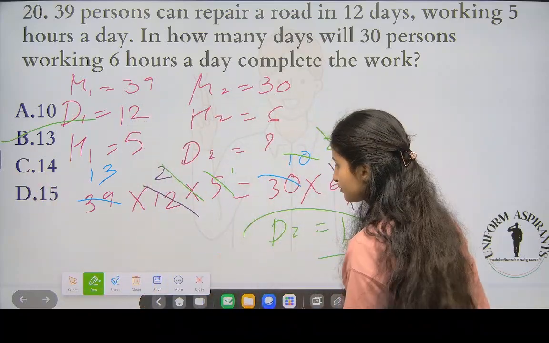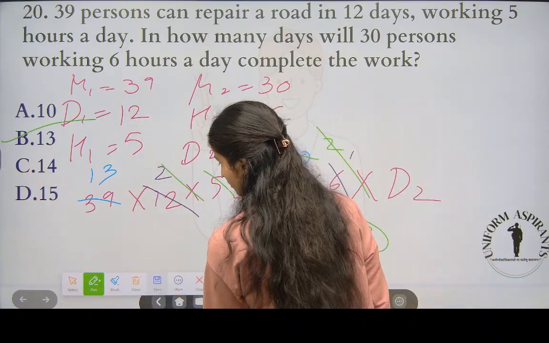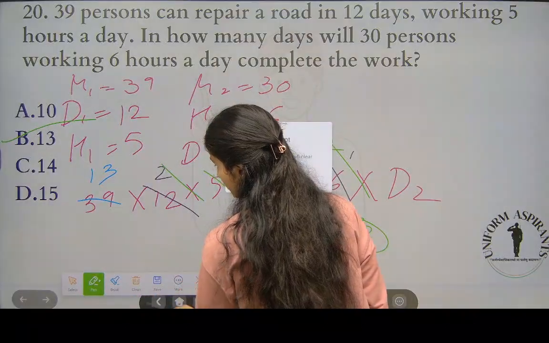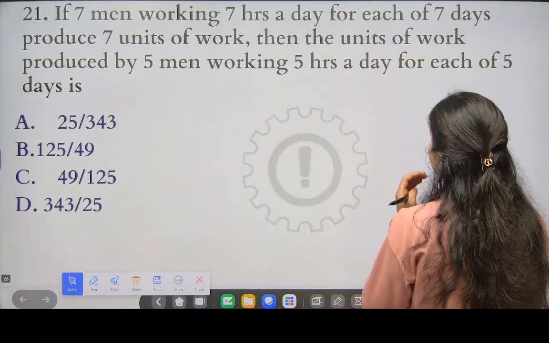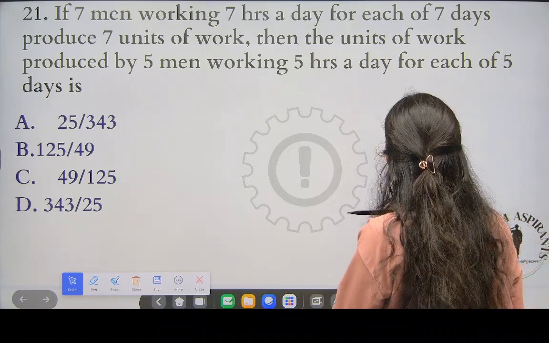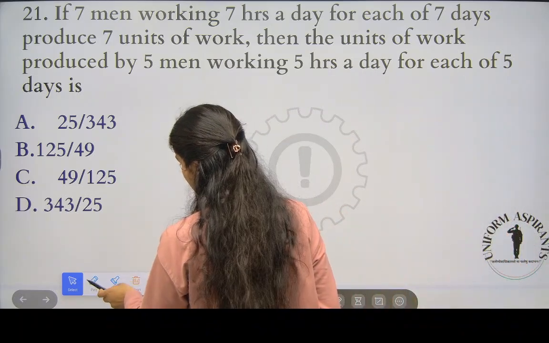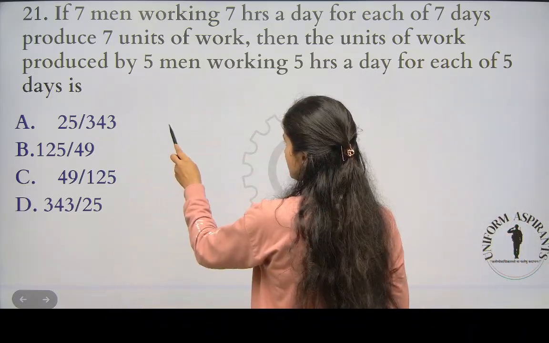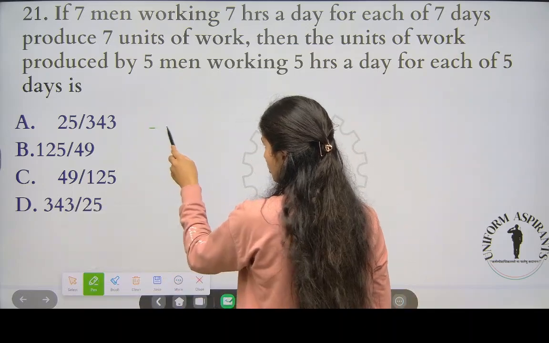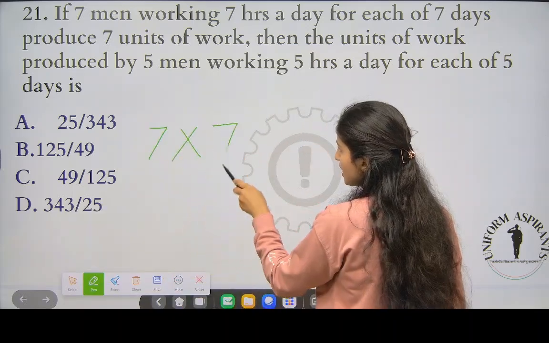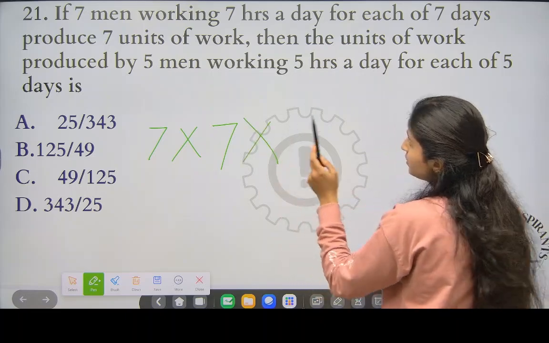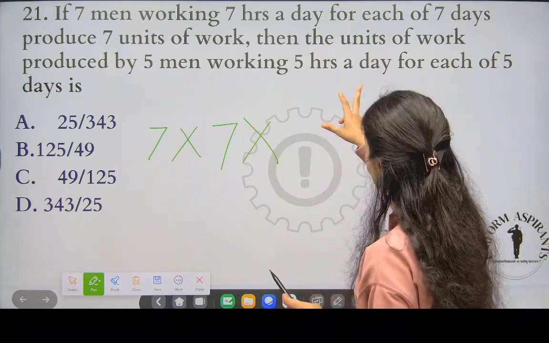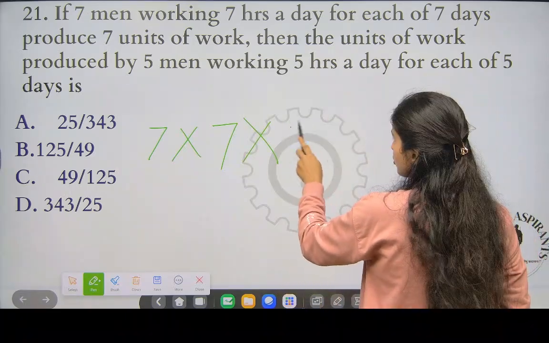Yes, chalo. See here now this question. Working 7 hours a day for 7 days. Means now you can do this like this. 7 hours working 7 days, 7 units produced.